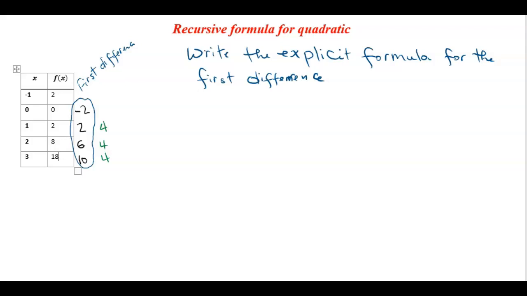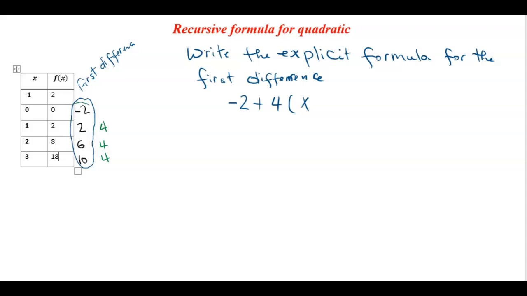Now the way we do that, we go on the first difference list, which is negative 2, 2, 6, and 10. So the first number here is negative 2. So we're going to have negative 2 plus the common difference, which is the second common difference, constant difference, which is 4, factor of x. Now, that negative 2 is with the 0 term.